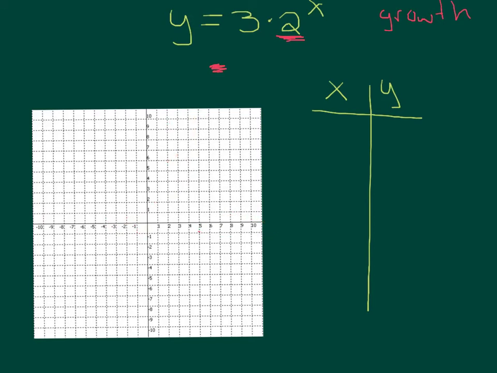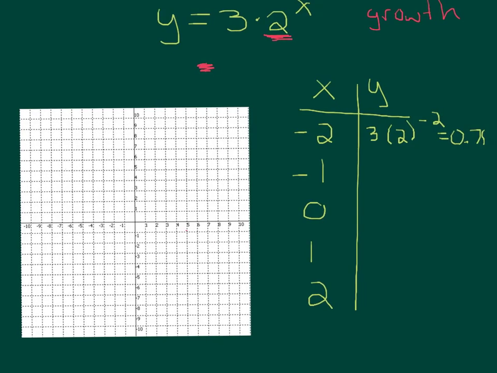Let's pick -2 and -1, so a couple negative numbers, 0 and then 1 and 2, and see where that gets us. So if we plug in -2, 3 times 2 to the power of -2, remember, order of operations, 2 to the power of -2 is 1/4 times 3 is 0.75.